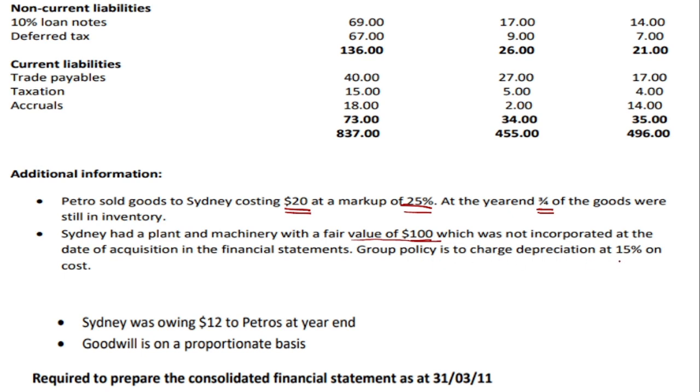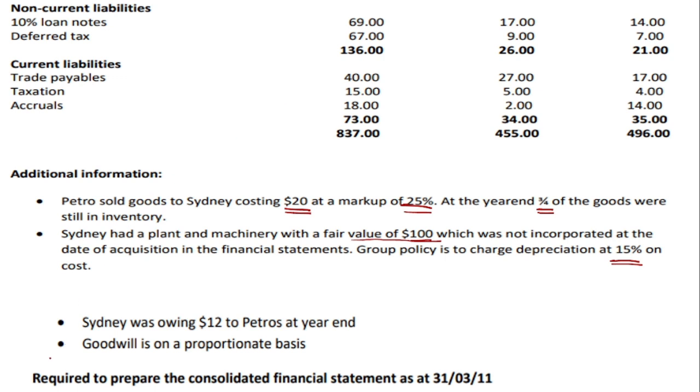And the group policy is to charge depreciation at 15% on cost. So we are going to consolidate. Now, as we consolidate, there are a number of workings that we need to do. So in the next 20 minutes, I want us to focus on the workings, so that you understand how to consolidate.